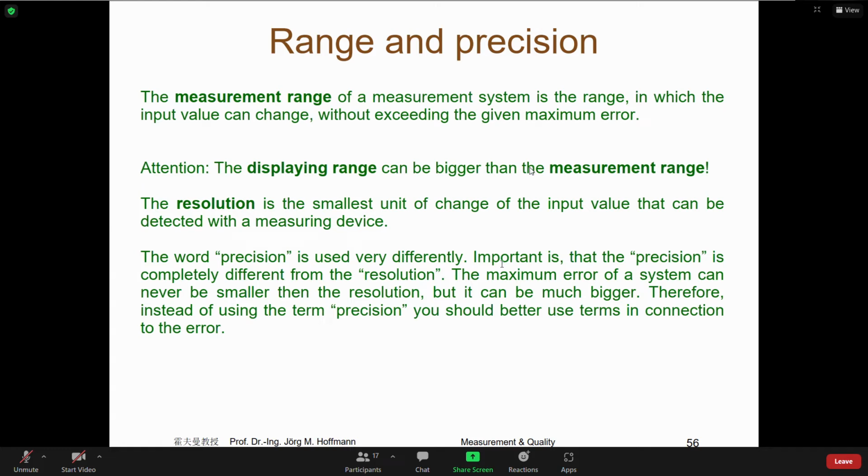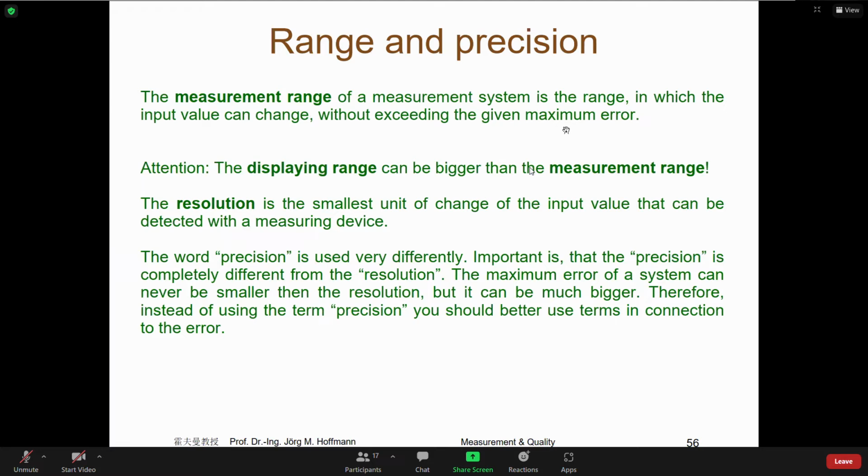So we have two words that I would like to explain. We have the range and the precision. And there are definitions, and the measurement range of a measurement system is a range in which the input value can change without exceeding the given maximum error.